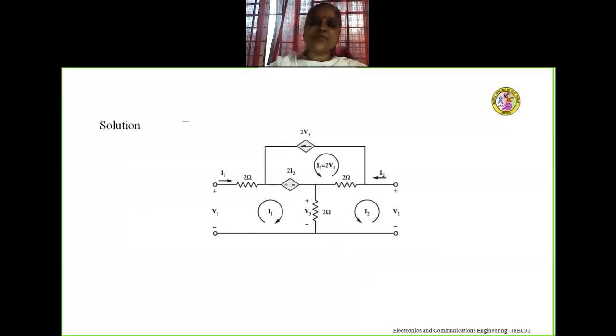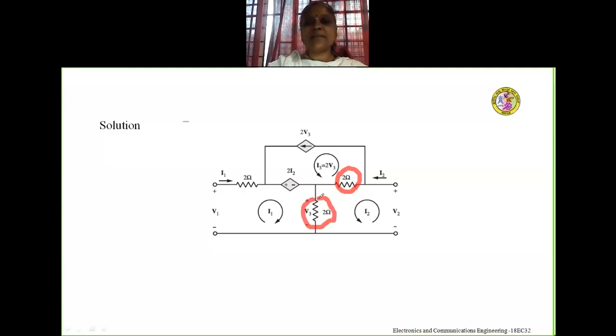Similarly, applying Kirchhoff's voltage law for mesh 2, this mesh consists of two resistors, a 2 ohm resistor and another 2 ohm resistor, and one of them is common to loop 2 and loop 3. So the current through that resistor is I2 minus I3, because I3 and I2 are flowing in opposite directions, and the current through the other 2 ohm resistor is I1 plus I2.